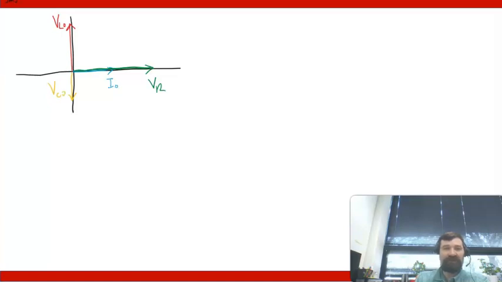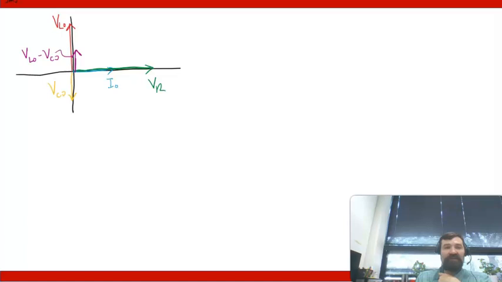Note that VC naught plus VL naught would be maybe this arrow right here. So let's draw an arrow, I'm just offsetting it a little bit for visibility purposes. So this is VL minus VC.